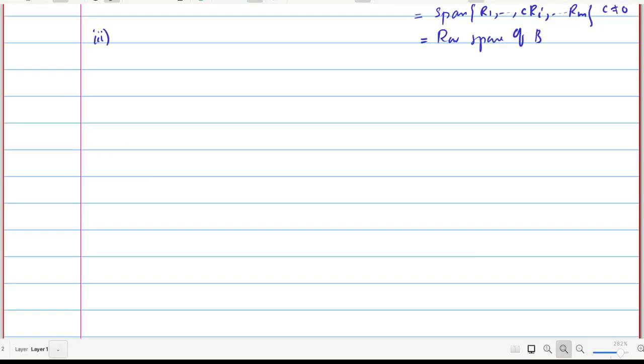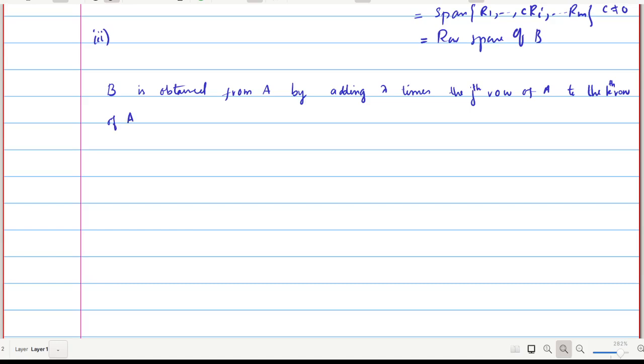For the third part, we have assumed B is obtained from the matrix A by adding lambda times the jth row of A to the kth row of A.